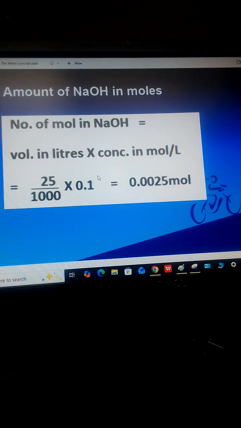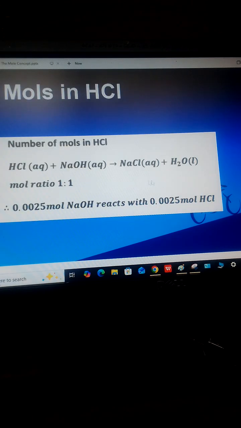So to find the number of moles in sodium hydroxide, you take the given volume divided by 1,000. It has to be volume in liters. So you divide by 1,000, then times the molarity of sodium hydroxide. You will get 0.0025 moles.